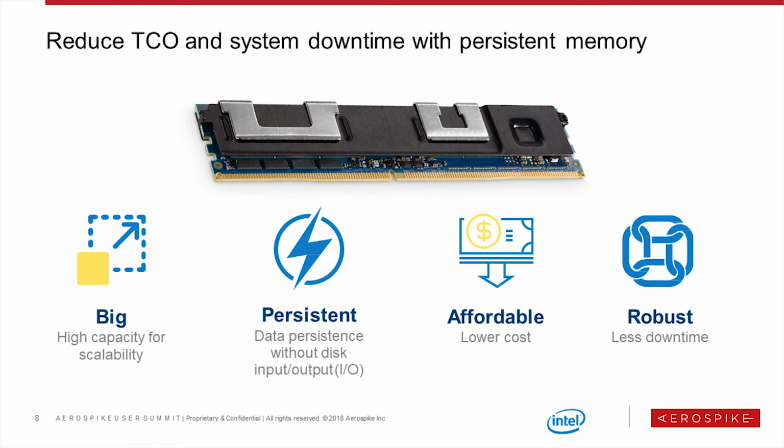If you're able to save money on your memory, possibly scale out less, that could make a big impact. We all know Aerospike already helps you reduce TCO. This is just an addition to that. And then that system downtime, that annoying wait time that we all hate, we're reducing that with you, with persistent memory.